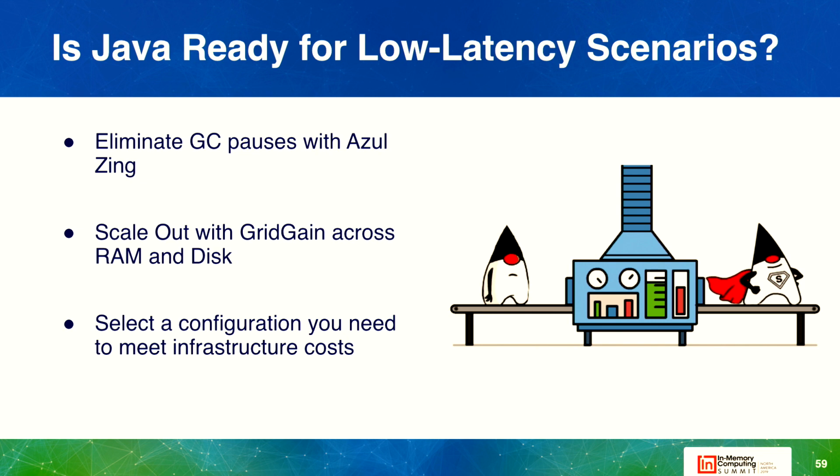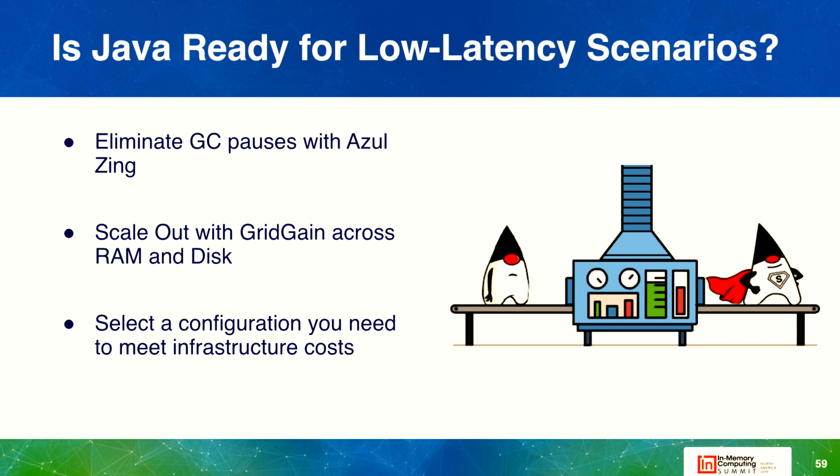And with GridGain, the story is the same. As soon as you are ready to scale to terabytes or petabytes of data, you just do this easily and step by step. Just add 1 more machine to the cluster, load more data, the workload will be distributed, and Zing will ensure that you still meet all the latencies.